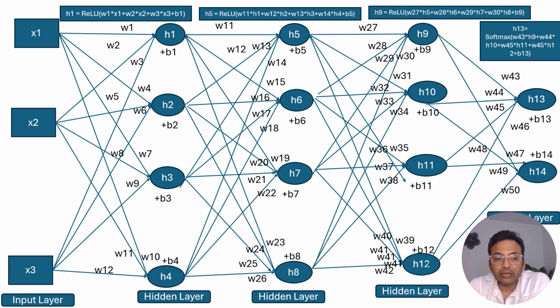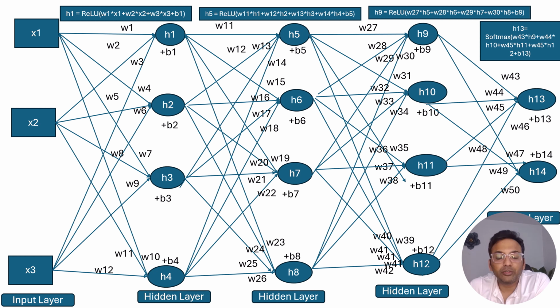So X1 is connected to H1 with weight W1. Under each node, there is a bias value, which is B1. So the value coming for H1 is W1x1 plus W2x2 plus W3x3 plus the bias B1.